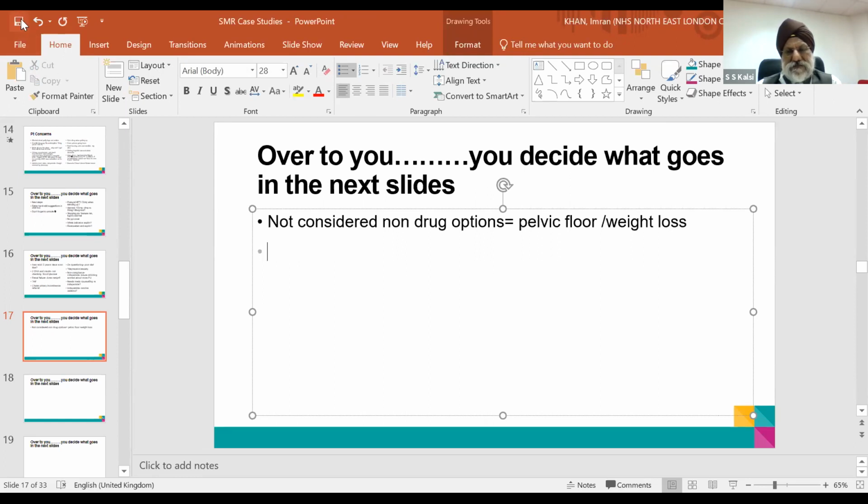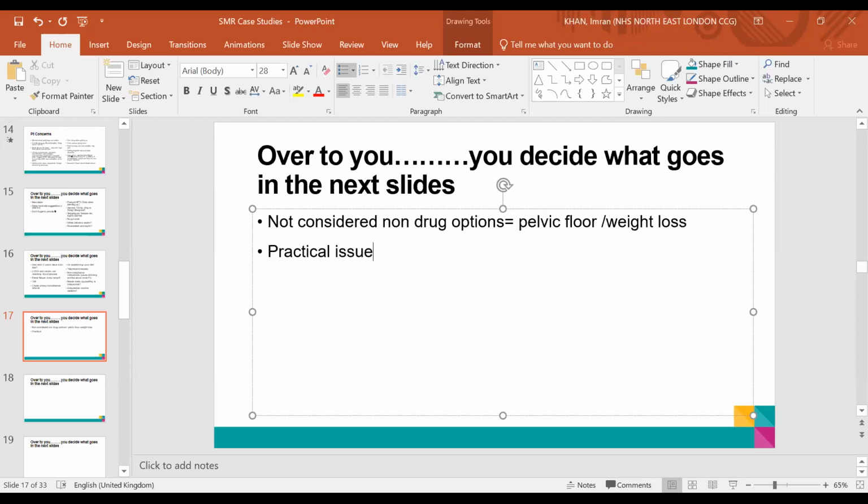Practically, I think that's a problem. Well, it depends on how motivated she is, I suppose. But then, you know, she's probably depressed because she's lost her husband. So I don't know. It would be sort of guided by how motivated she is.